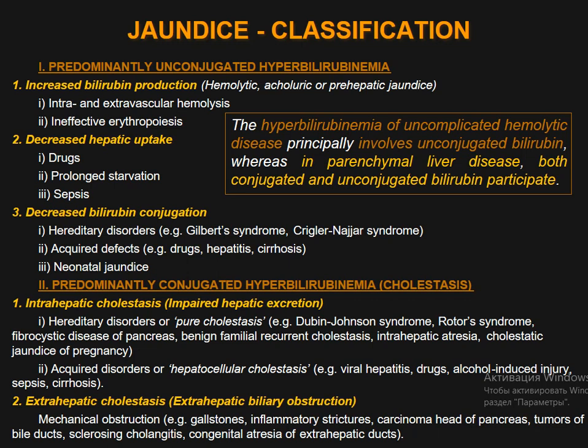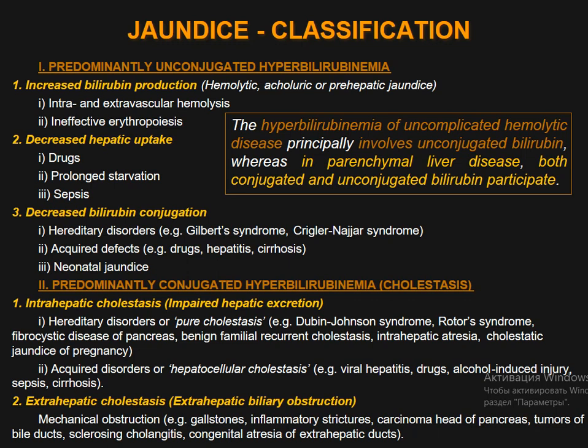Unconjugated hyperbilirubinemia occurs in case of decreased hepatic uptake, for example, due to influence of drugs, prolonged starvation, and sepsis. And the last causative factor related with unconjugated hyperbilirubinemia is decreased bilirubin conjugation.